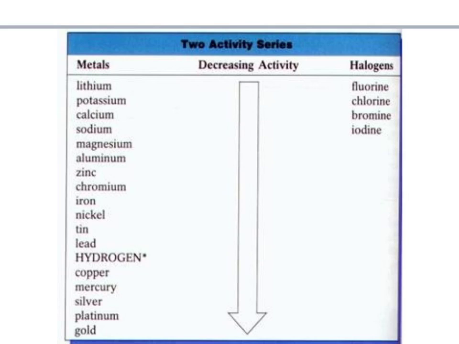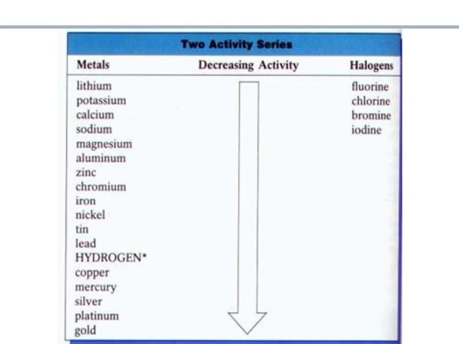So here is an example of an activity series. As you go down on this side, the elements become less active, meaning lithium is more active than lead.